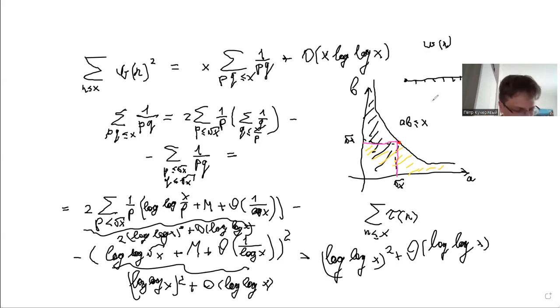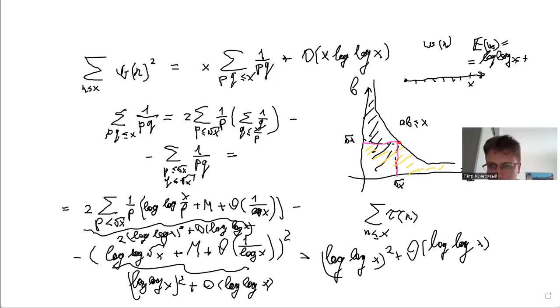What we've proved is that the expected value of omega, the sum over n of omega of n divided by x, is log x plus an error term. I would not write it.